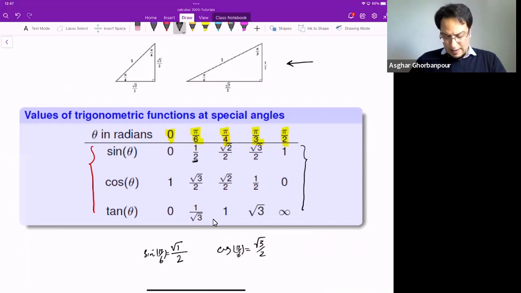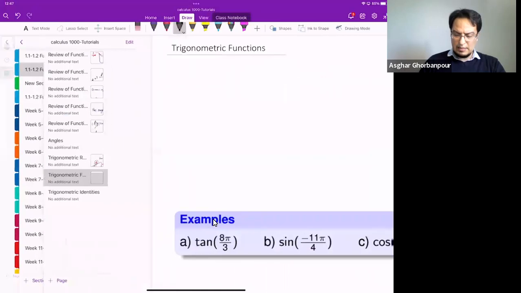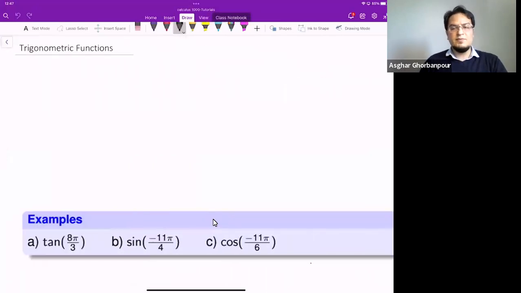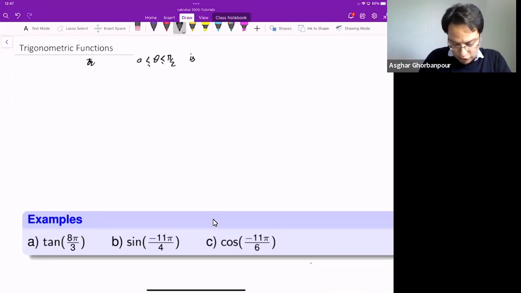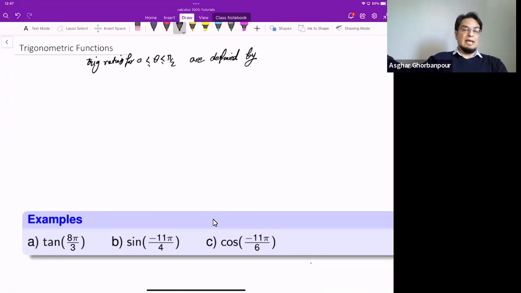So the farthest you can go with these triangles is that theta must be between 0 and pi over 2. Well, trig ratios for these thetas are defined by, say, triangles.